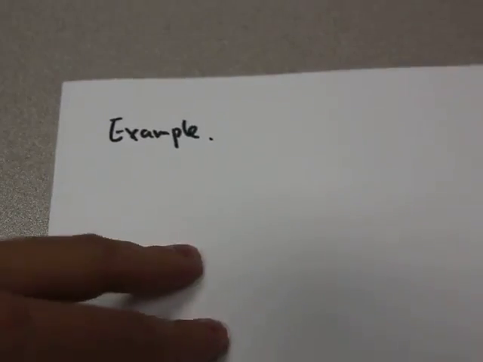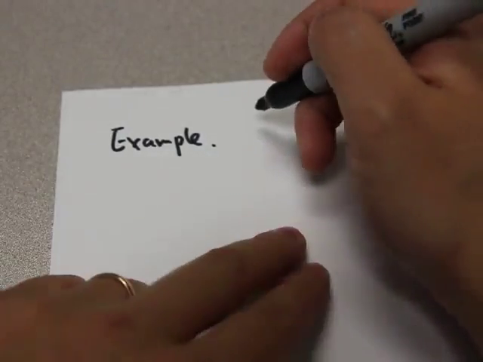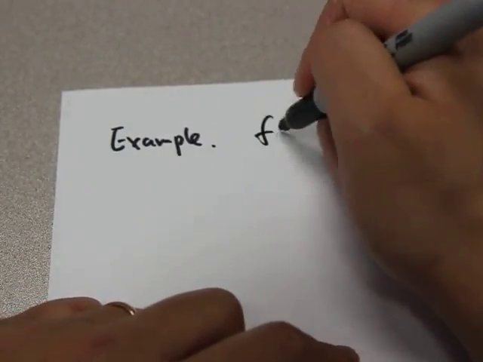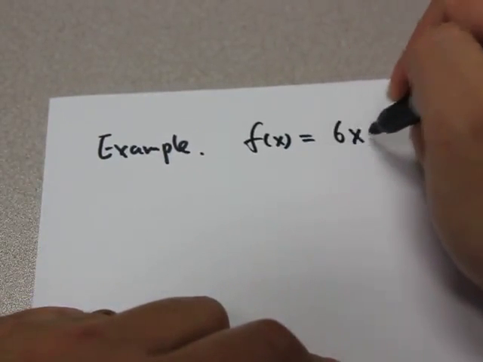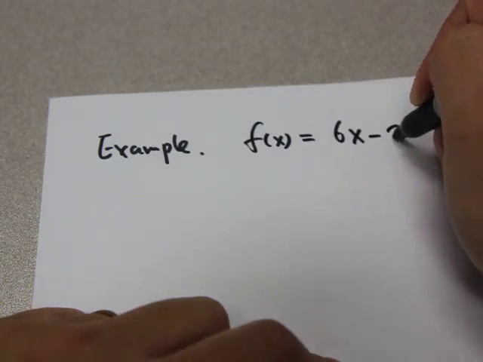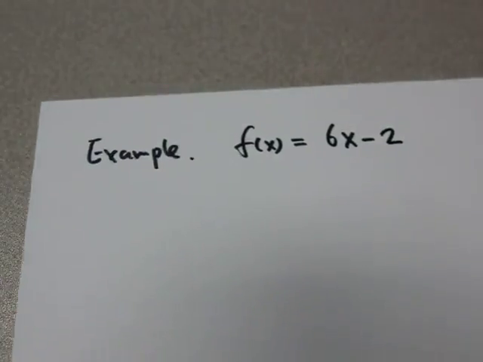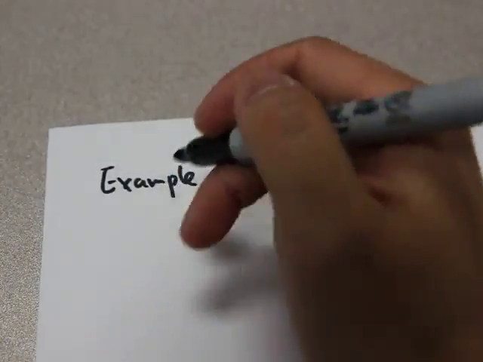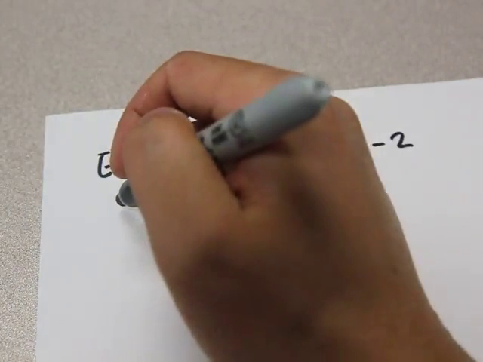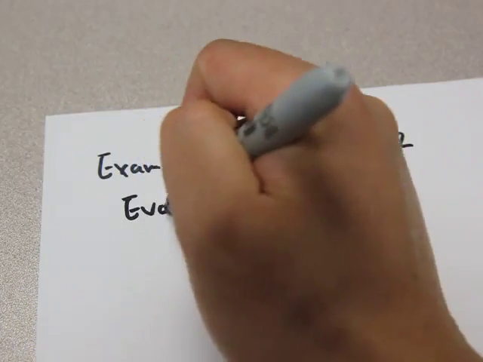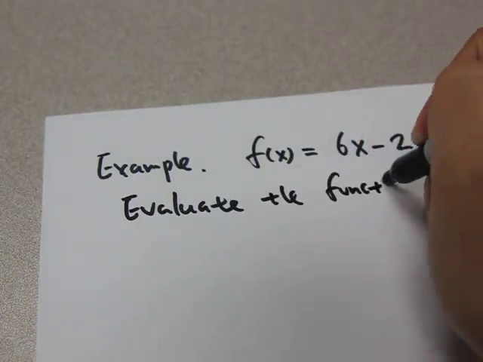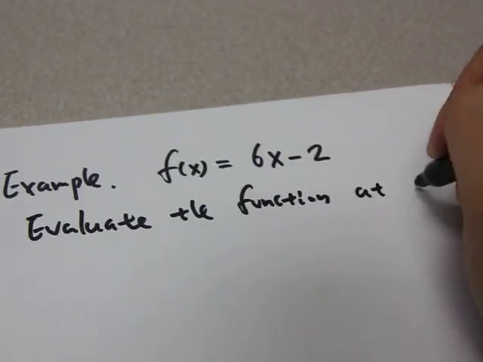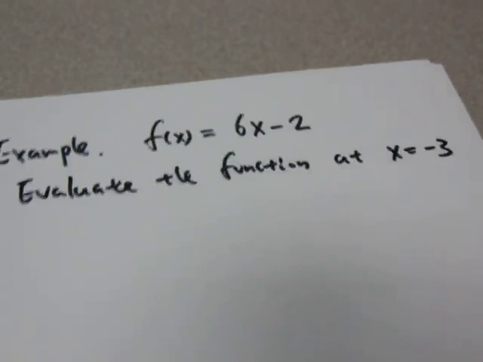Now, let's say we are given this equation, f(x) equals 6x minus 2. And we are asked to evaluate the function at x equals -3.